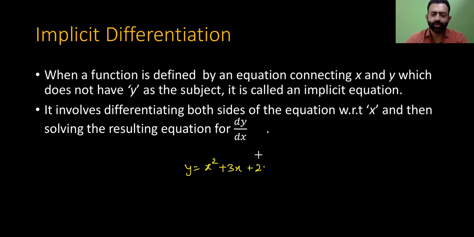For example, you can define any function like this: x square plus xy plus y square is equal to 2. In this expression, you cannot express y in terms of x because you have the second degree curve also. If you are thinking that you can solve this equation, taking x as a constant, this is not a quadratic function, so you cannot use the quadratic formula, because the coefficient of y is not a constant, it is again a variable.